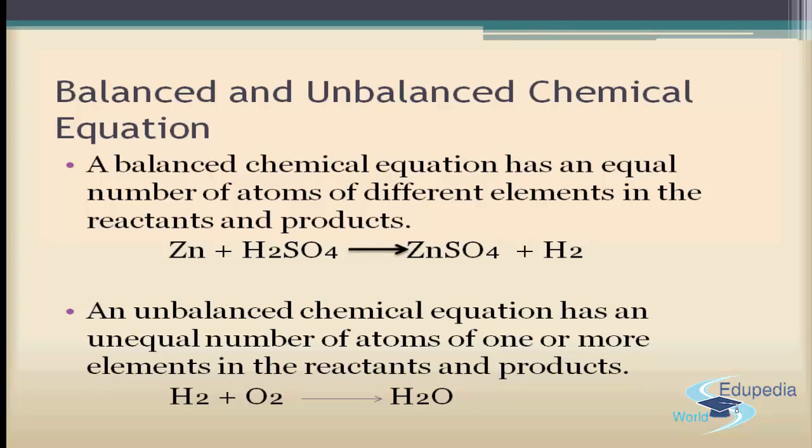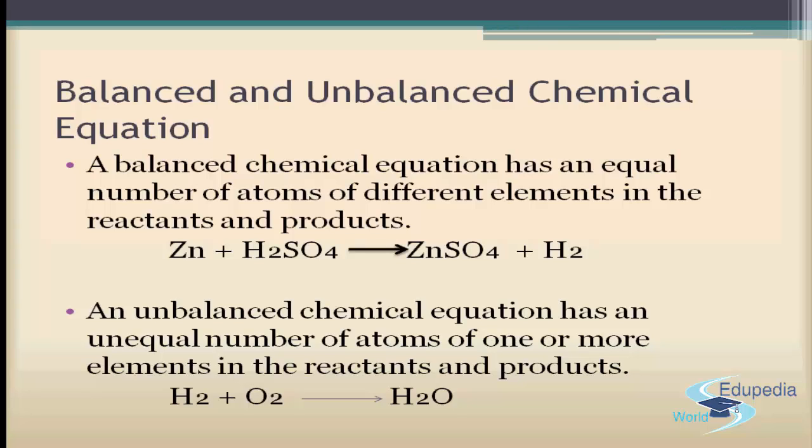We have sulfur 1 on both sides. Finally, we have 4 oxygen atoms on the reactant as well as on the product side. So we see that there is an equal number of atoms of different elements in the reactant and product, so this chemical equation is a balanced chemical equation.